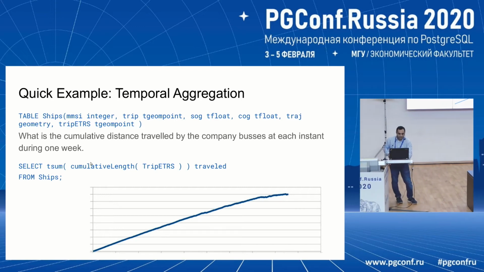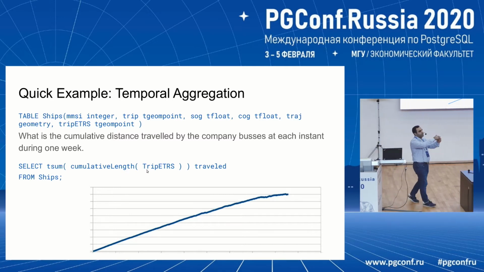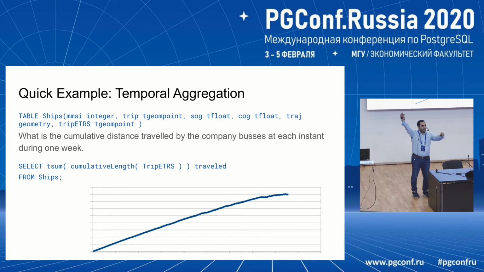So here we use another operator, which is cumulative length of a trip. Cumulative length is going to return a temporal float, which tells at every time instant what is the distance traveled so far from the very beginning of the trip. Yeah? So you get a temporal float that is always increasing.